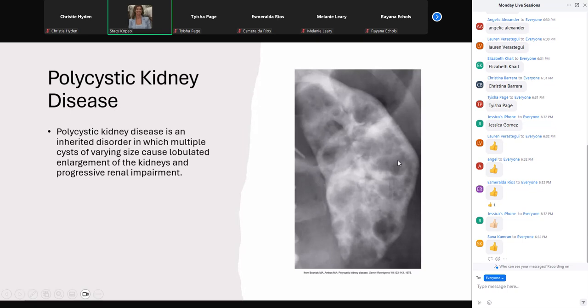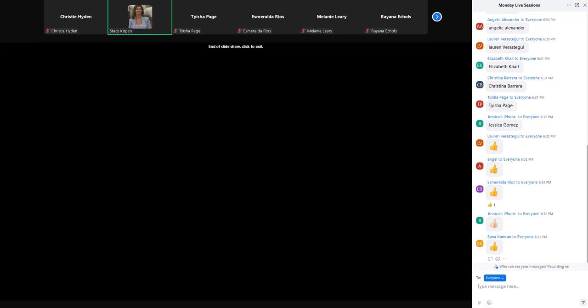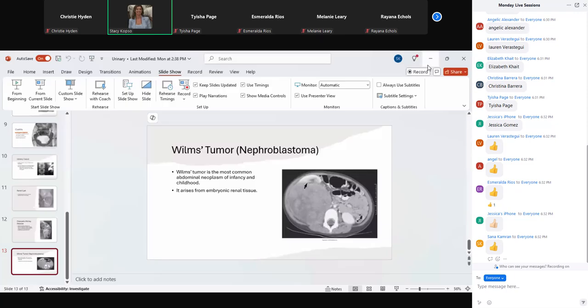You have multiple cysts all throughout the whole kidney. And Wilms tumor, nephroblastoma. It's the most common abdominal neoplasm for children, and it arises from embryonic renal tissue. Wilms tumor. All right, that's it for new material for urinary.